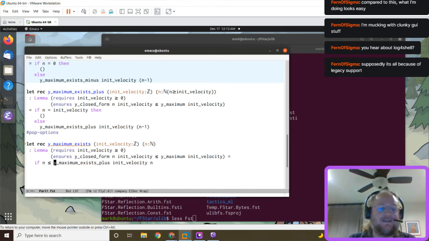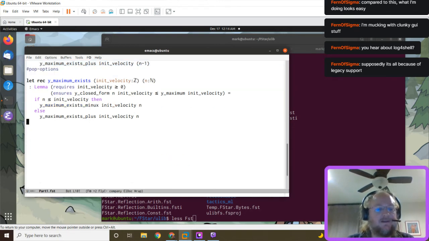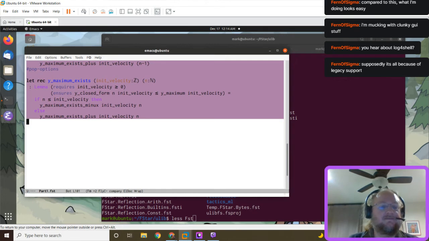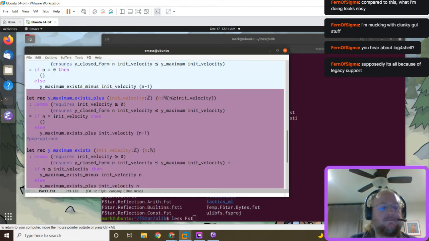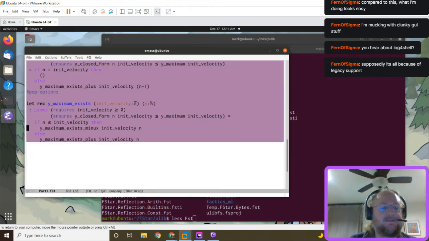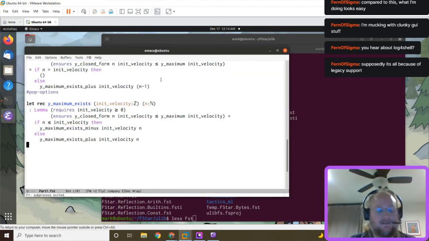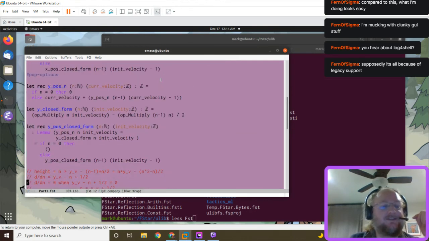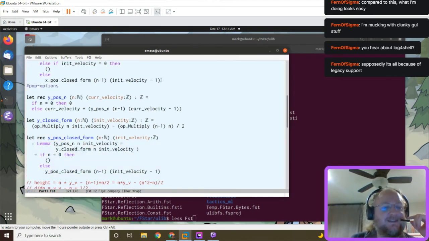So if n is less than or equal to init velocity, I guess that first one has to be minus. Oops. Oh no, we're going to have to start over. So it's going to have to do a lot of the hard work again.